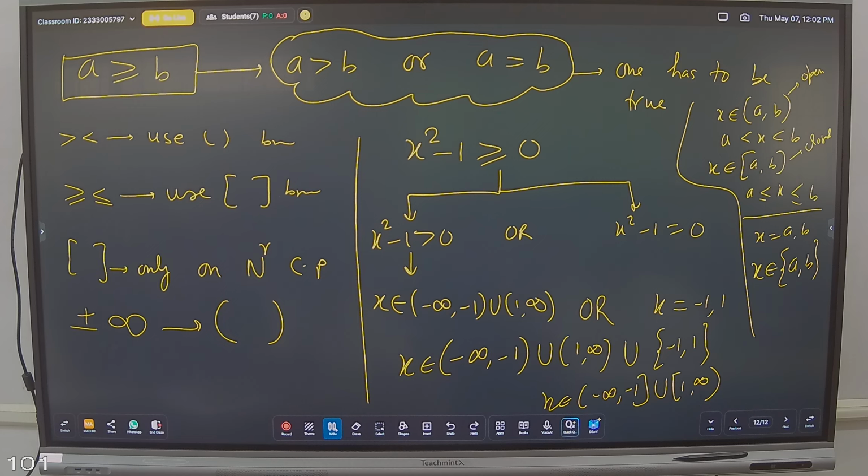Doubt? Right now that is not a part you have to worry about. What I'm trying to say: suppose x square minus 1 by x plus 3 is coming. So the critical point of x plus 3 will be minus 3. But that is the critical point of the denominator term. So there a close bracket never comes. Only an open bracket. Don't bother about this part.